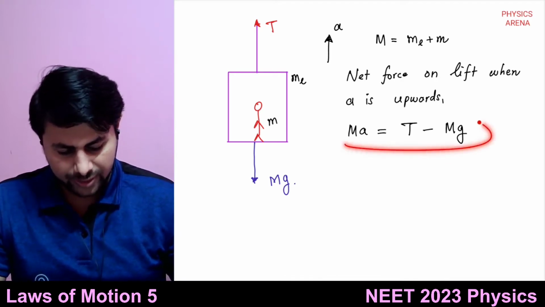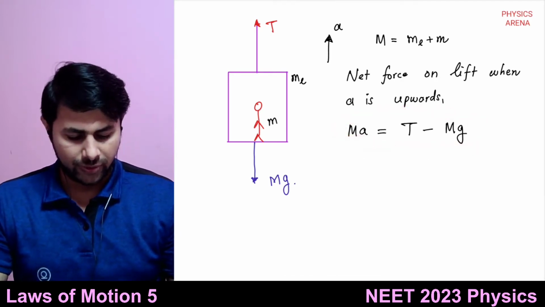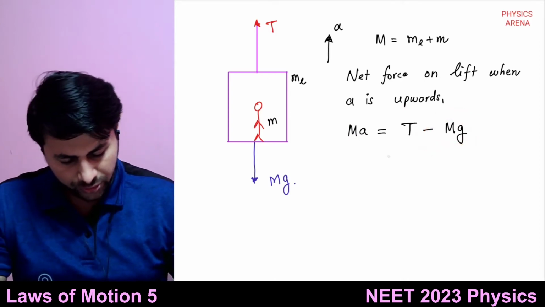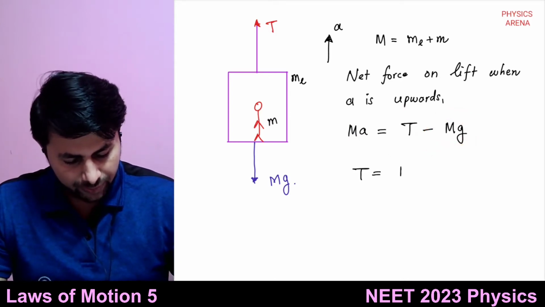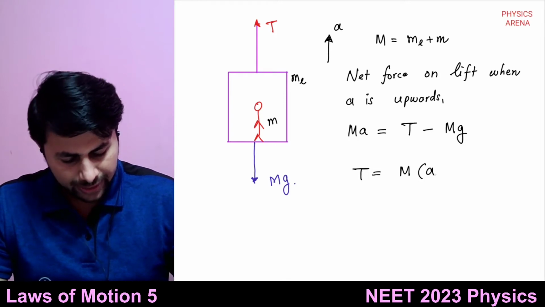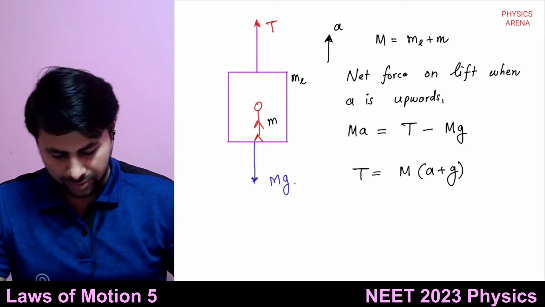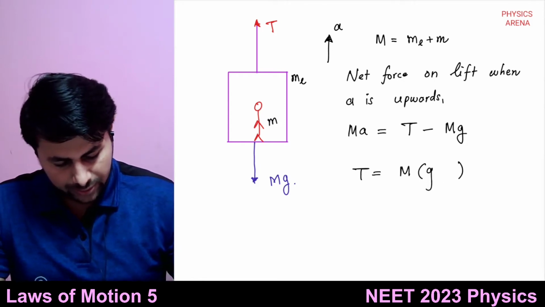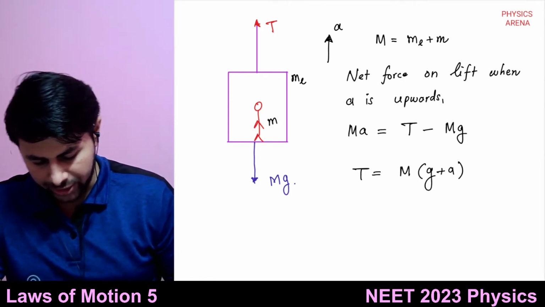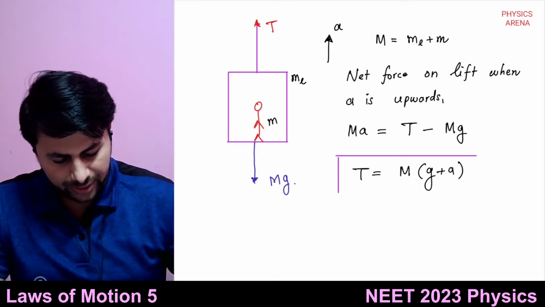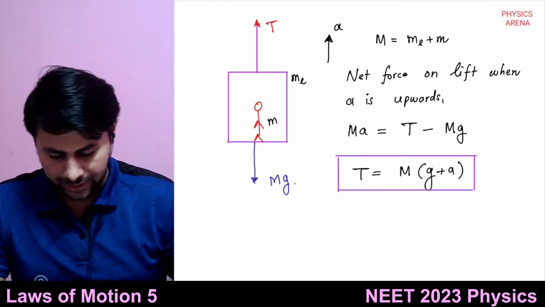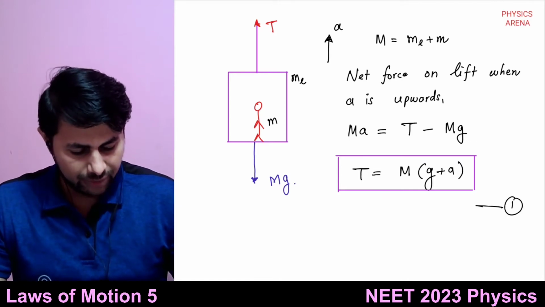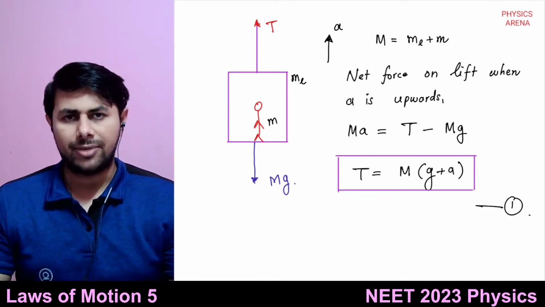From this we can find the tension. Take mg on the other side. So you get tension equals M multiplied by (a plus g), or (g plus a). I will write g plus a. So this is the tension when the lift is accelerating upwards with acceleration a: M multiplied by (g plus a).